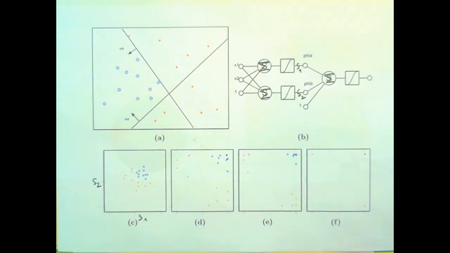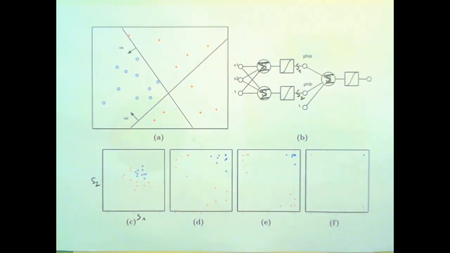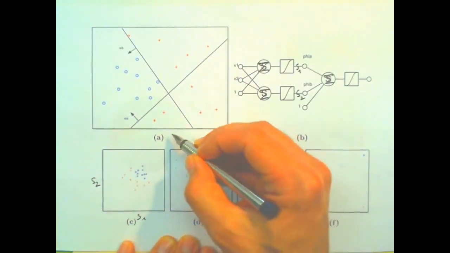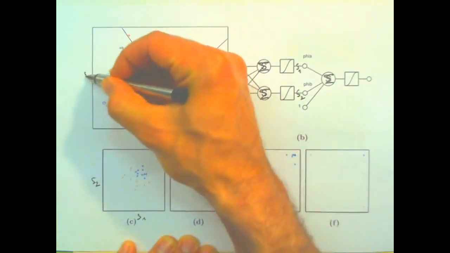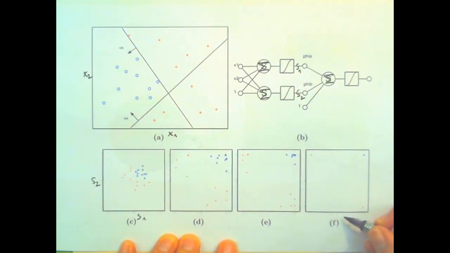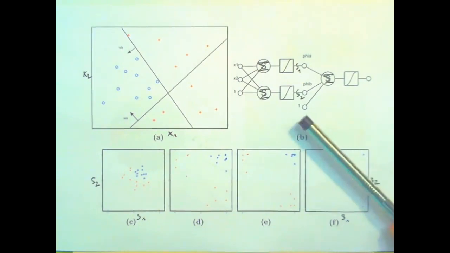However, you see that now in this artificial space, these were the original dimensions, x1 and x2. And now I have these artificial dimensions, s1 and s2. And in these artificial dimensions, the problem now does become linearly separable. So I have the blue class and the red class, and I can now find a perceptron in this new space which will separate the two classes.